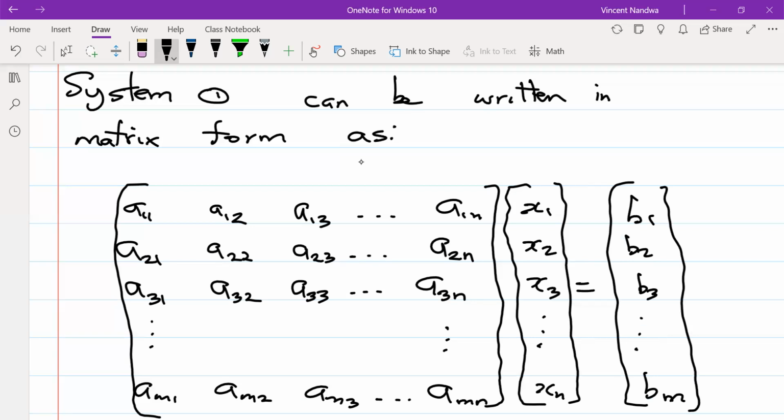So when we write 1 in this form, then we say that we have described system 1 in matrix form.